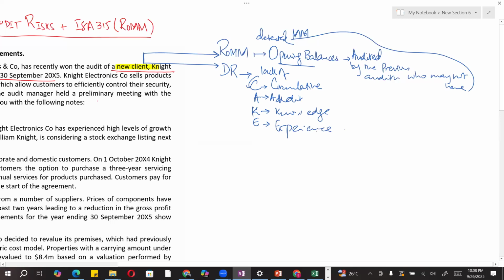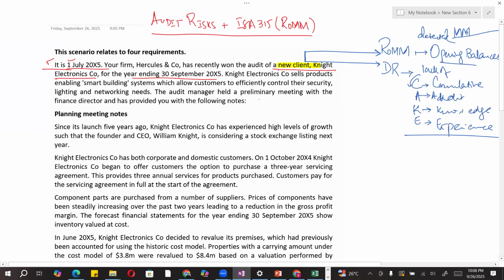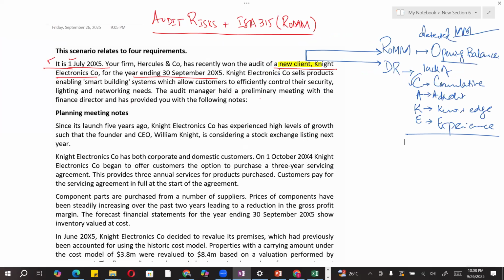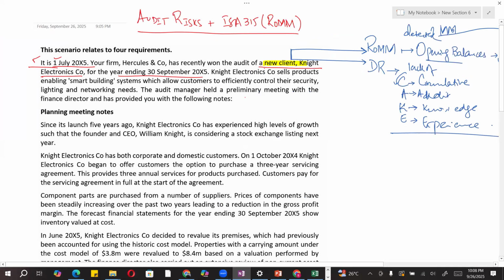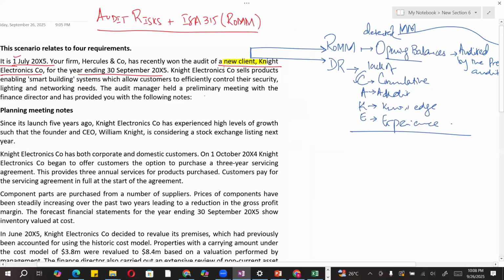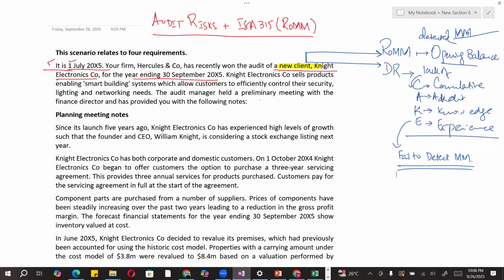Due to the lack of cumulative audit knowledge and experience, the new firm of auditors may fail to detect material misstatements. There's no learning curve effect. There could be a potential lack of understanding. That is why we say that the detection risk could be higher.